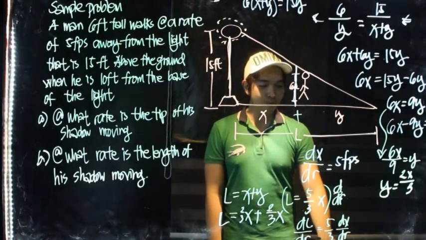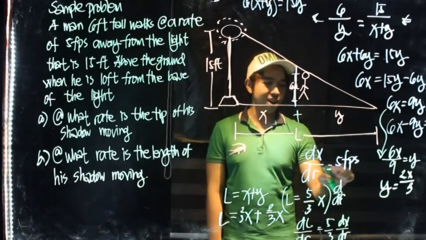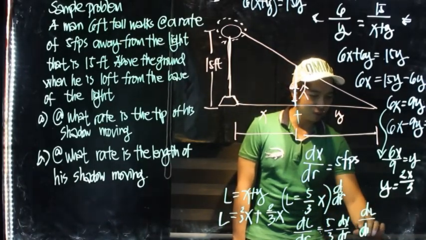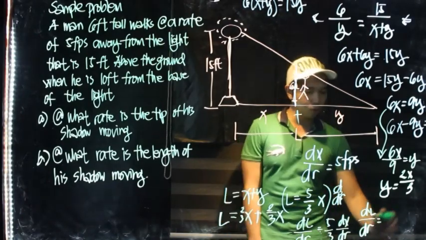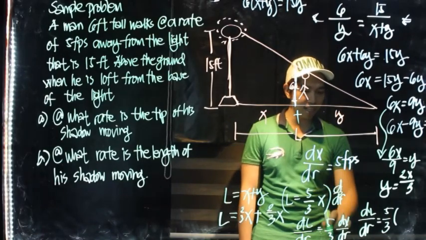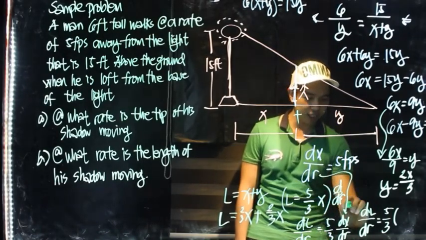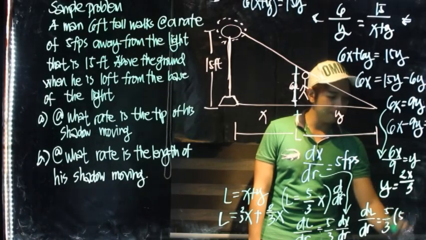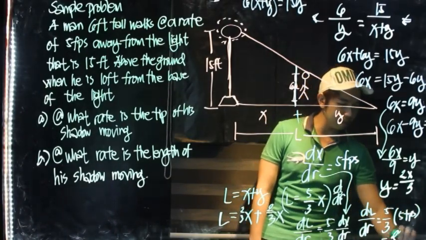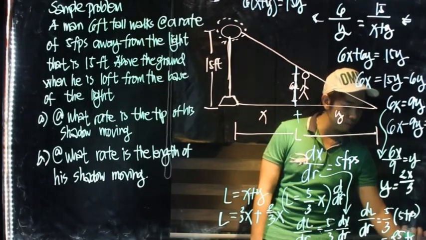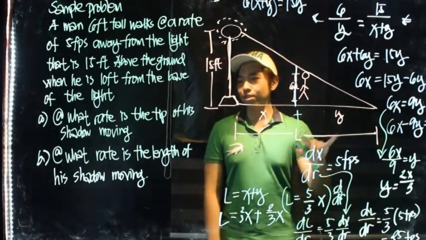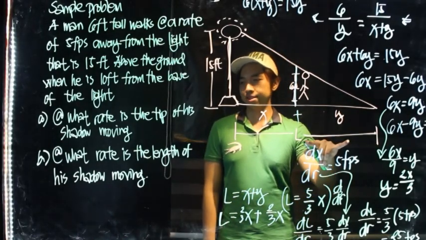We have a value here for dx over dr, which is equal to 5 foot per second. So dl over dr would then be equal to 5/3 multiplied by our dx over dr. Substituting 5 foot per second, that leads us to 25 over 3 foot per second, which is our dl over dr, or how the length of the shadow is changing.